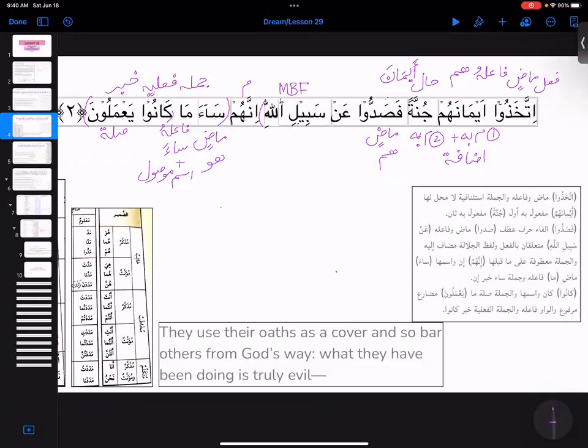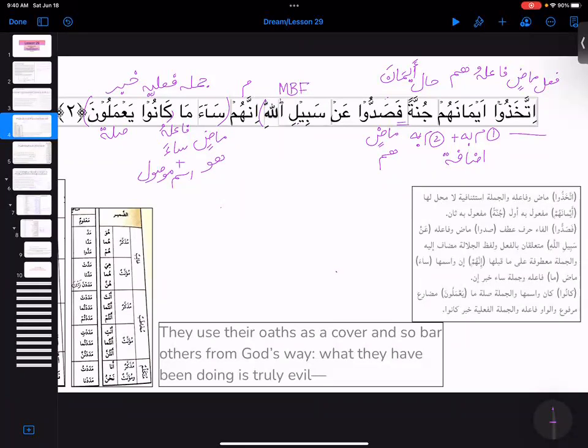So we have fail, Aymana, one maf'ulun bihi, Junnatan, another maf'ulun bihi, and then we have fasaddu. So this is again a separate sentence.